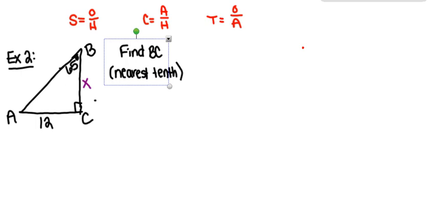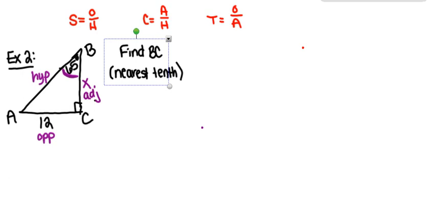Very first thing I want to do is label my hypotenuse, my opposite, my adjacent. So hypotenuse is over here, right opposite or across from the right angle. There's my 65-degree angle, so my opposite side is going to be 12, which means my adjacent side is going to be x.